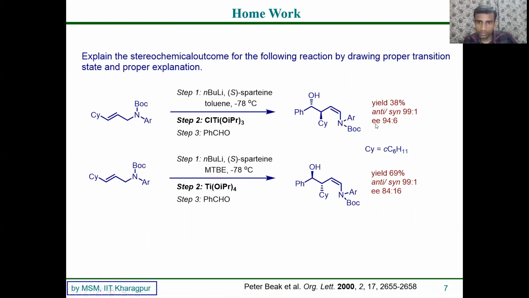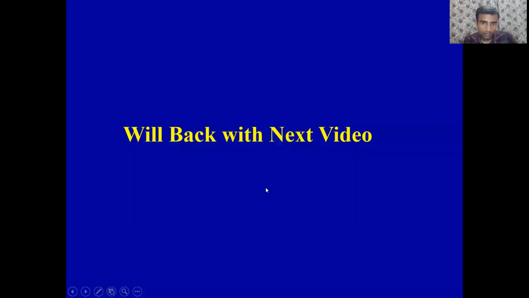Actually it will be enantiomeric ratio, and it is exclusively giving you the anti, and the yield here will be modest. And if you just change this titanium compound to titanium tetraisopropoxide, you will get this other isomer. So please explain these reactions with the proper transition state and explanation.